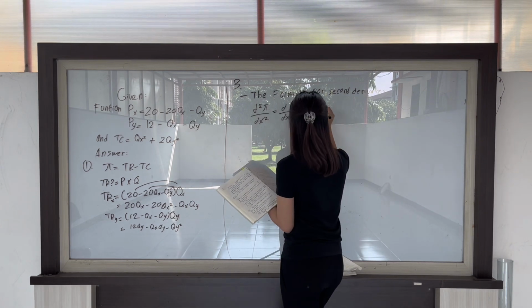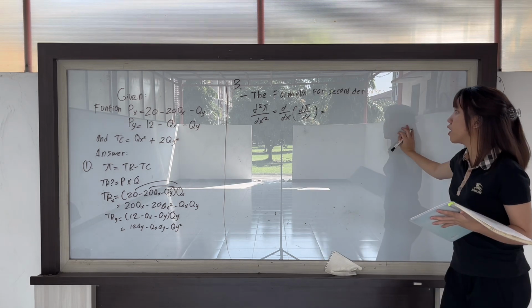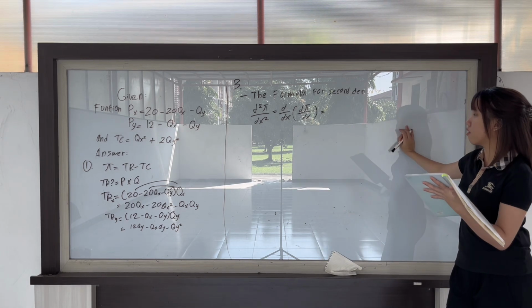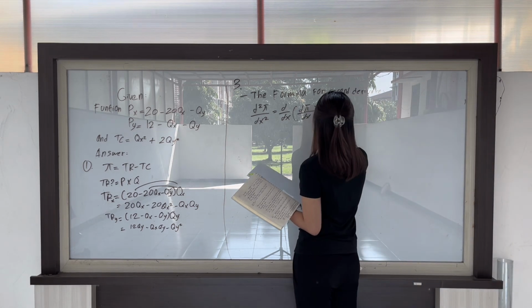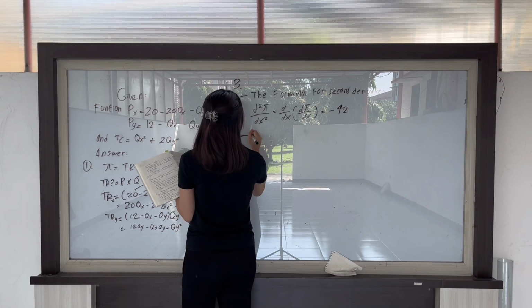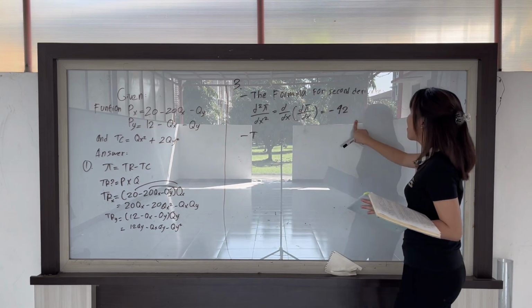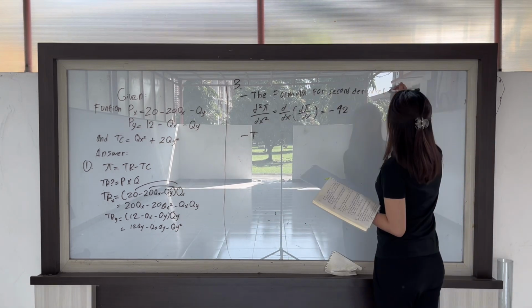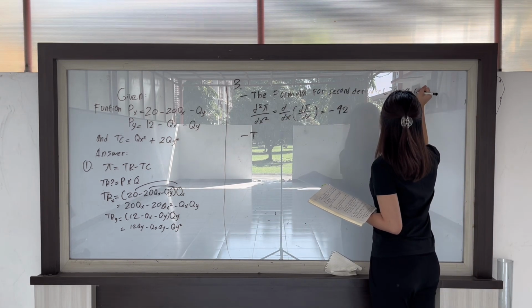From the first derivative, the second derivative result is minus 42.